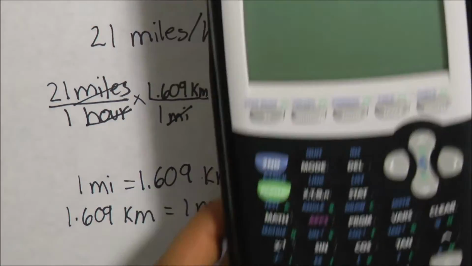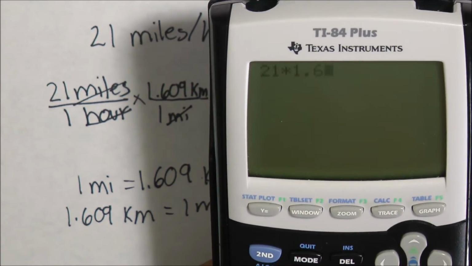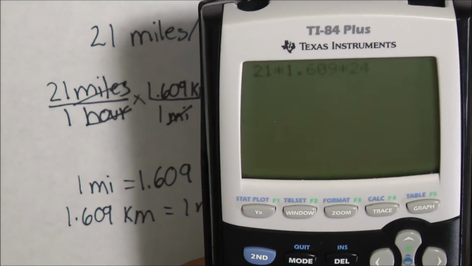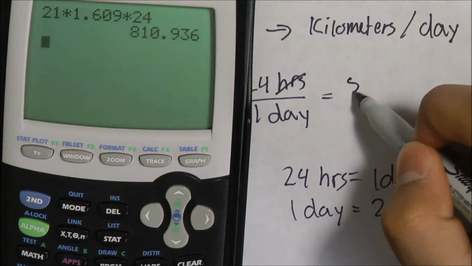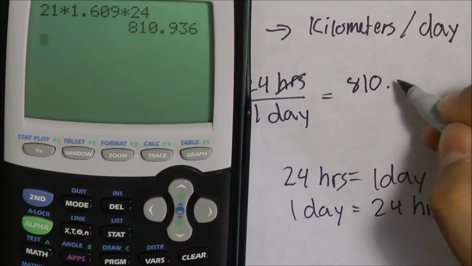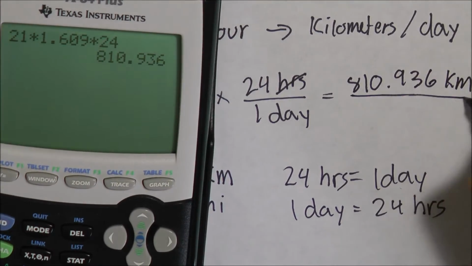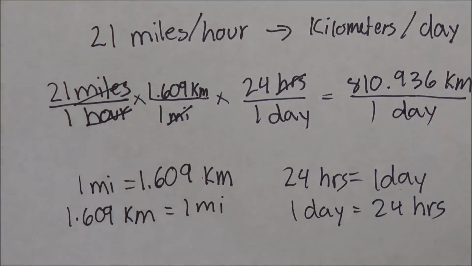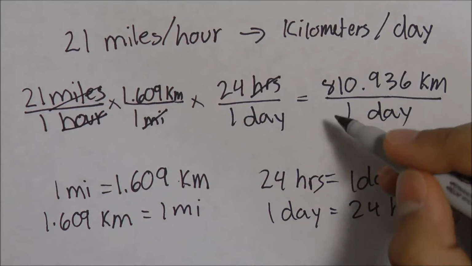You would do 21 times 1.609 times 24. And your answer should be 810.936 kilometers per day. Now, this is not including sig figs.